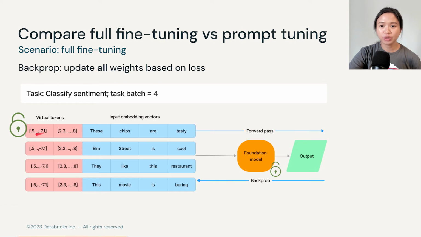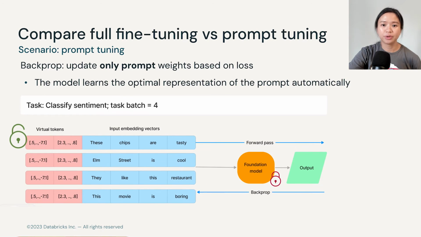Notice that virtual tokens are really just random numbers, so they don't correspond to any specific vocabulary or specific text. So just like fine-tuning, when we do full fine-tuning, we update model weights based on loss through backprop, but the entire foundation model is unlocked or unfrozen so that we can update all the model weights during the backprop process.